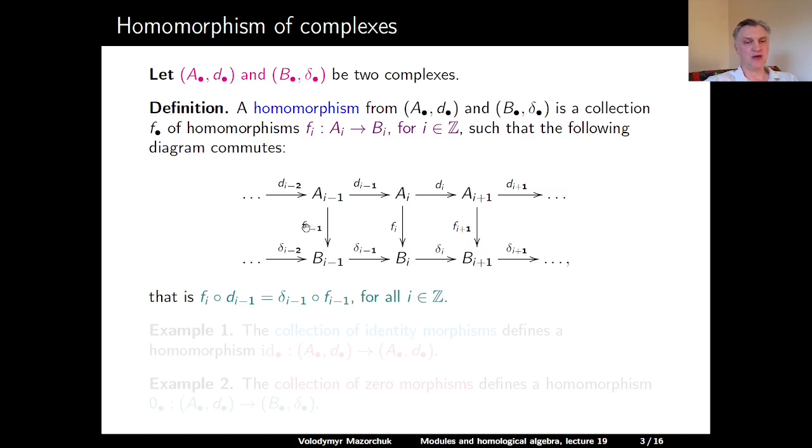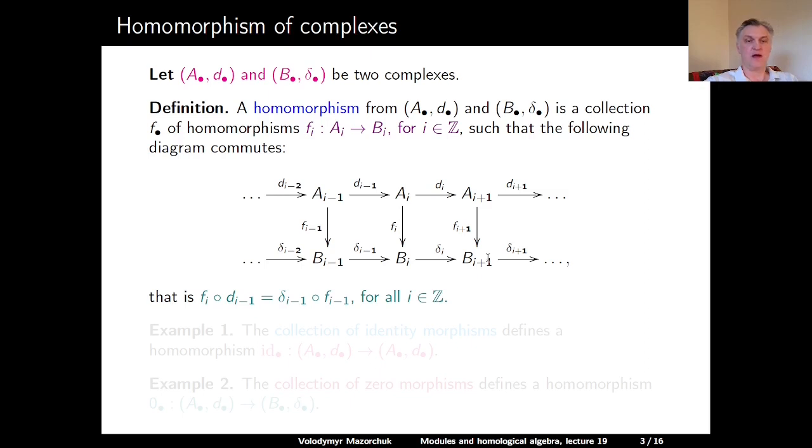And vertically, we have f_{i-1}, which goes from A_{i-1} to B_{i-1}, f_i, which goes from A_i to B_i, and so on. And this diagram should commute for f to be a homomorphism from a complex A_• to a complex B_•.